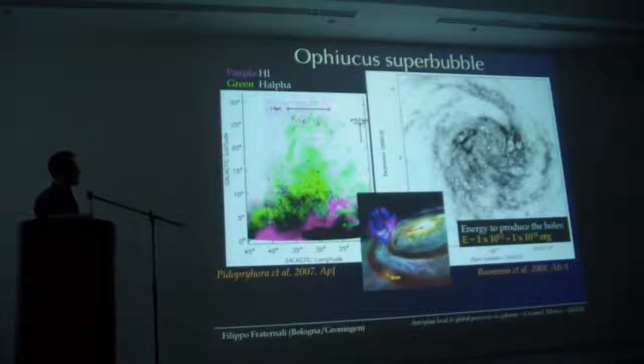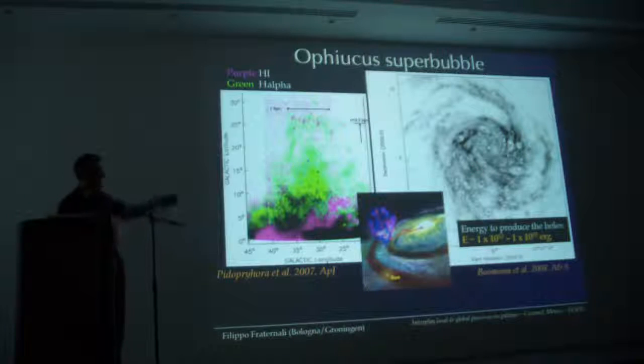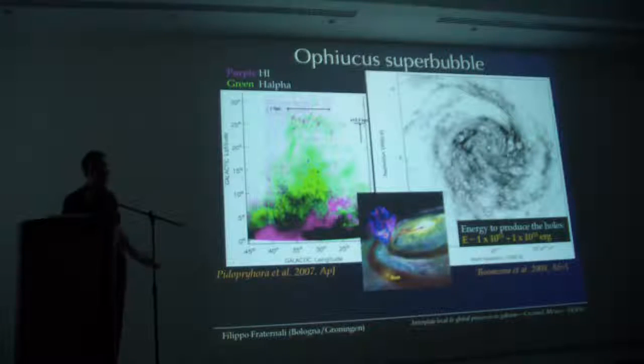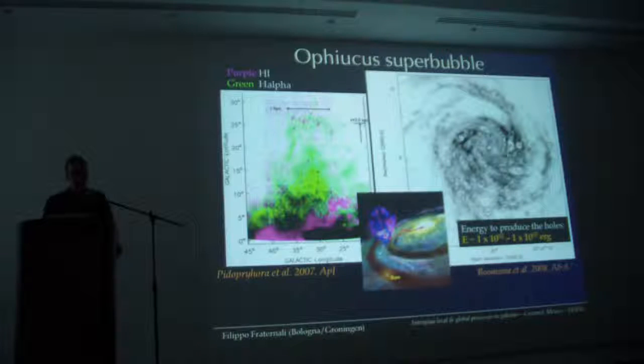In this case, we don't know exactly how much gas it is, but we checked that we need exactly the same ejection velocities to produce this one. But if you look at the energy of HI holes in external galaxies, our energetics is not extreme. It's on the high side, but it's not extreme. It should be between 10 to the 53 and 10 to the 55.